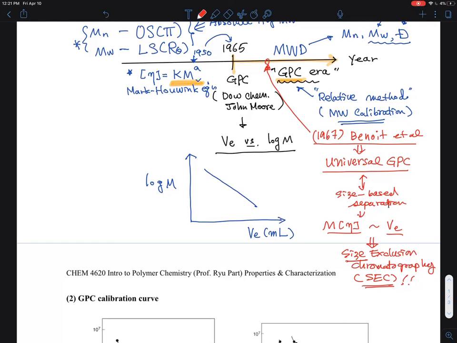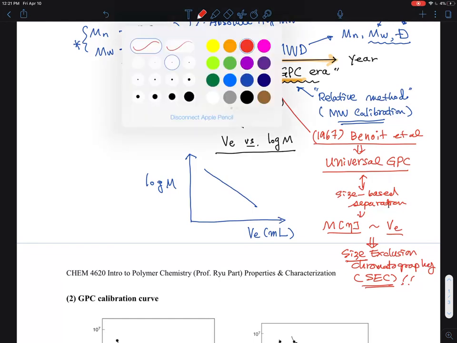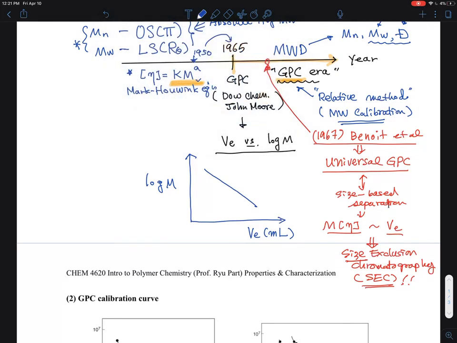And what that means is, if you look at the molecular weight dependence correlation with elution volume, I can put this as, for example, polystyrene. But let's say I have another calibration standard, and I find that this one is PMMA.